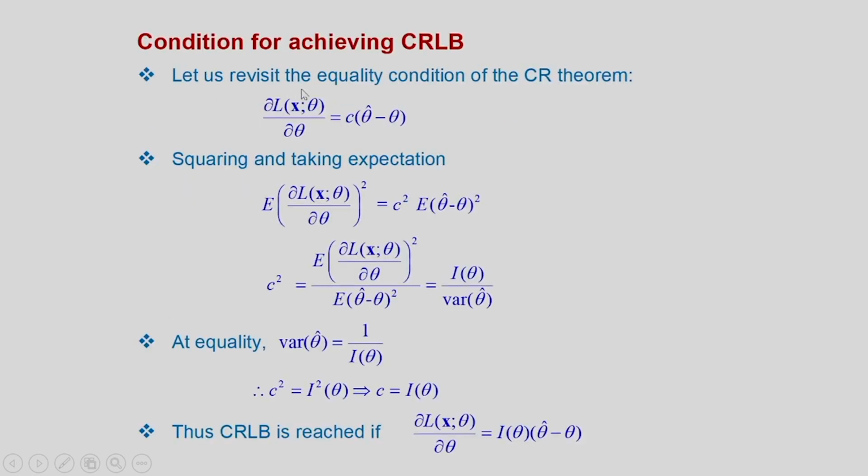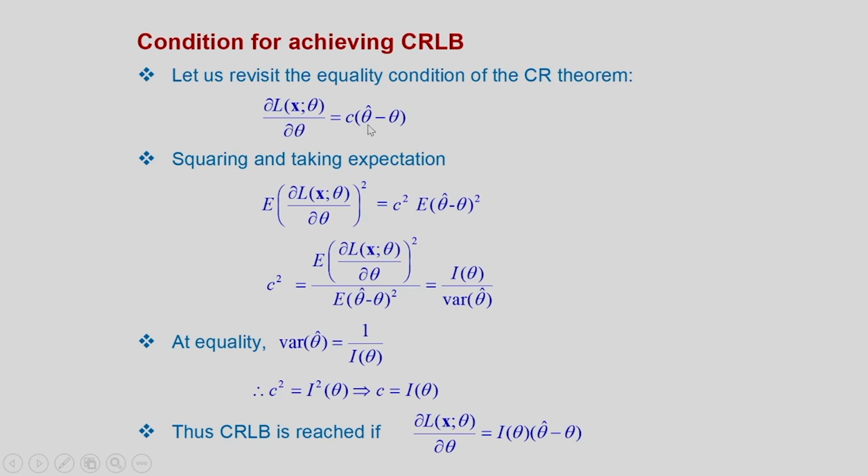Let us revisit the condition for achieving CRLB. We know that for achieving CRLB, we have the equality condition given by del L / del theta equal to C times (theta hat minus theta). We square this and take the expectation of both sides. That way we get E of (del L / del theta) whole square equal to C square times E of (theta hat minus theta) whole square.